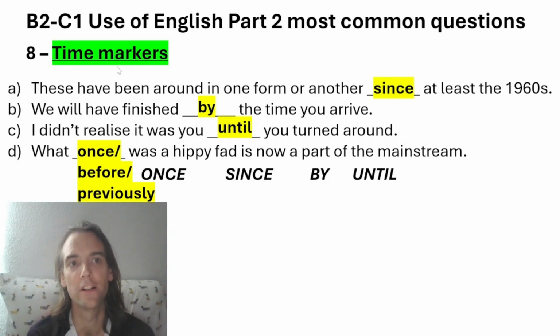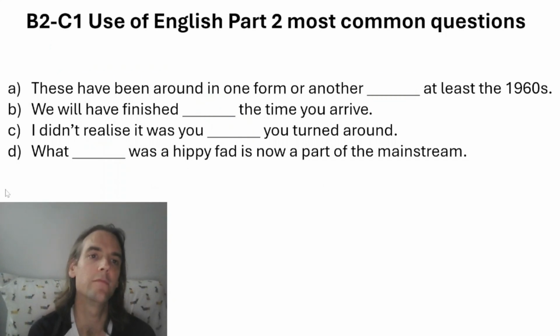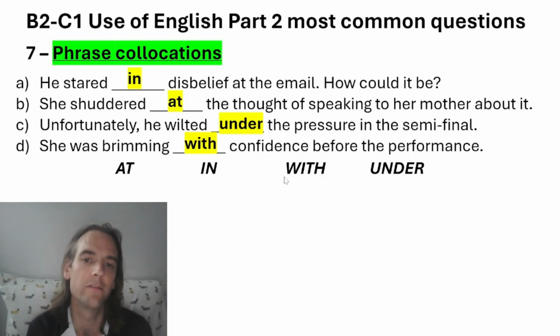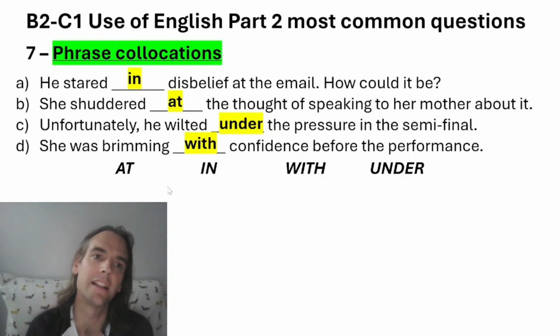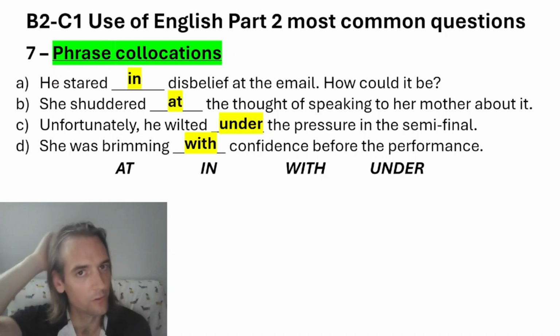So can you think of another word that's used as a time marker in English, different from these, and add another sentence? And the same for another collocation, like stare in disbelief, wilt under the pressure, brim with confidence. Think of another expression with a different preposition with on and add that. And that way you're learning more of these typical categories that are often on part 2.